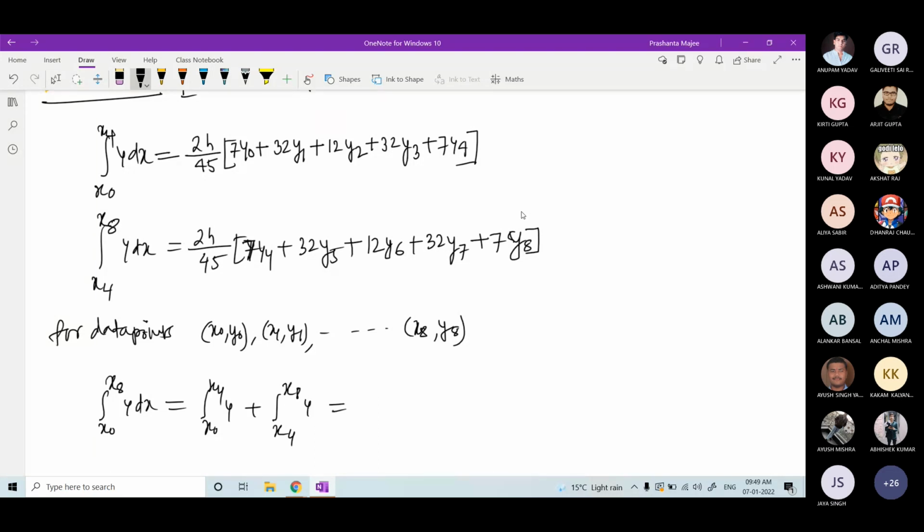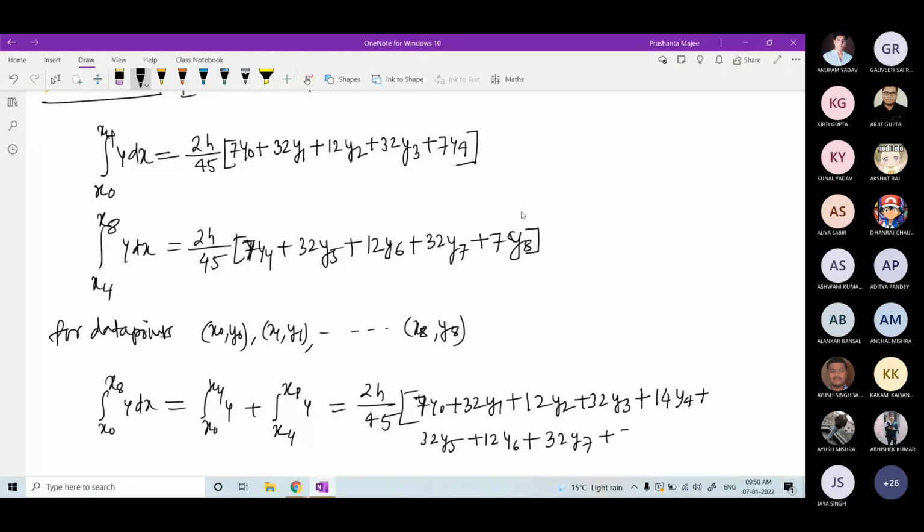So that will give you 2h by 45 times (7y0 plus 32y1 plus 12y2 plus 32y3 plus how many y4 are there? 7 plus 7, so 14y4 plus 32y5 plus 12y6 plus 32y7 plus 7y8).